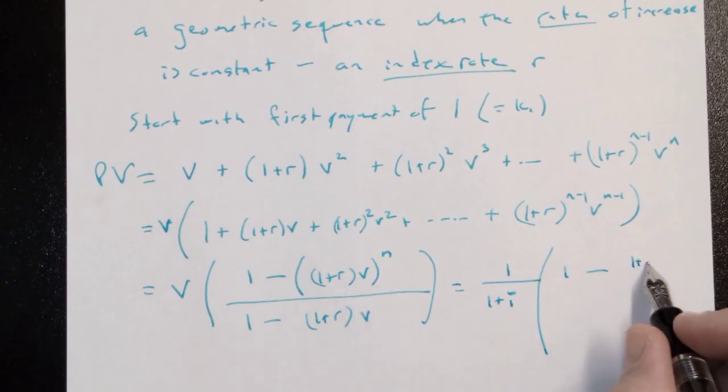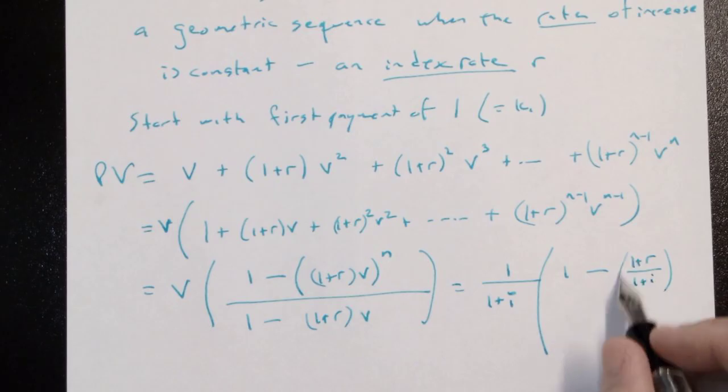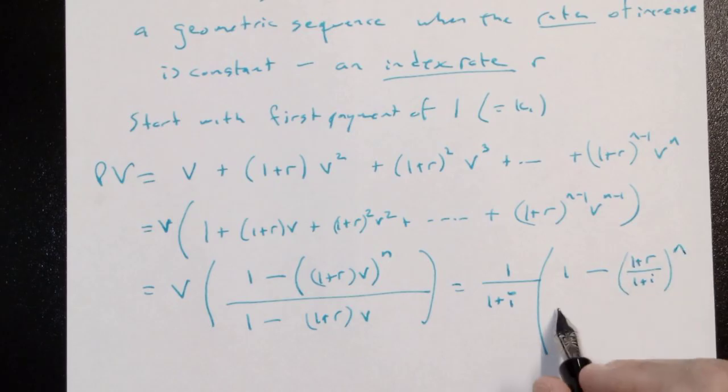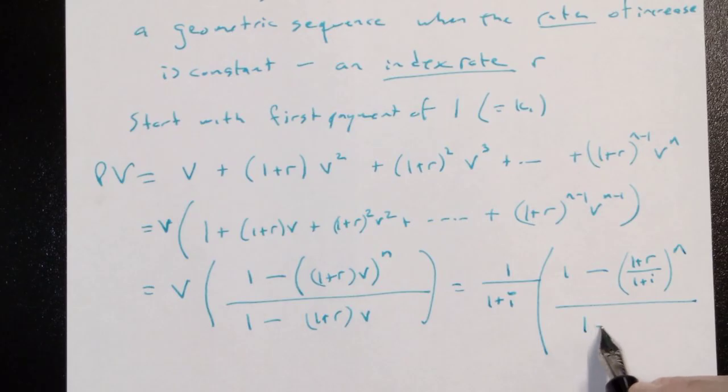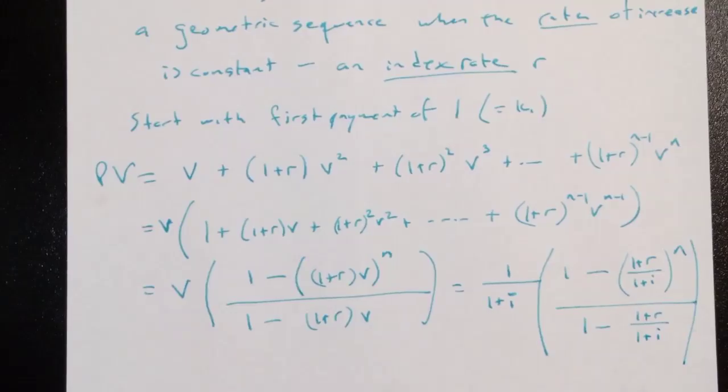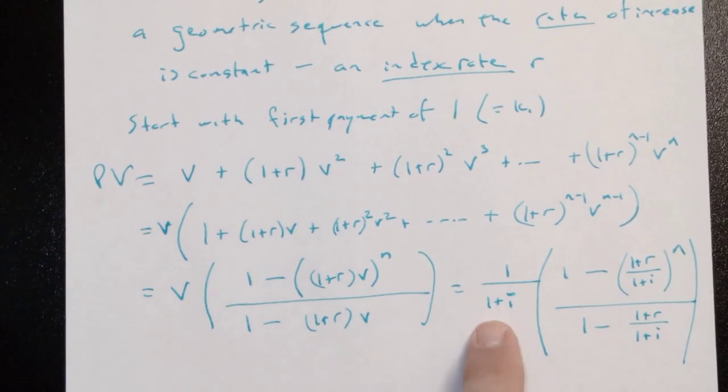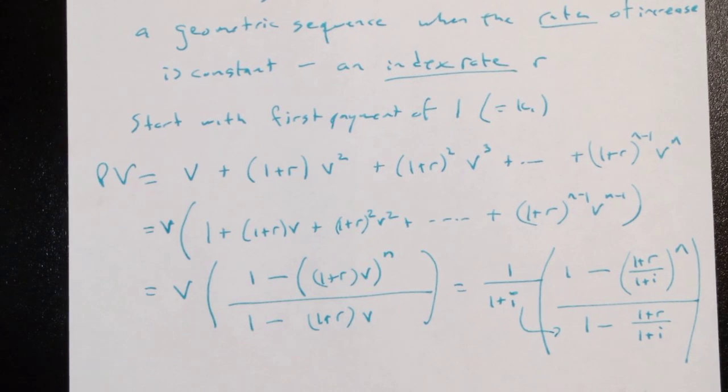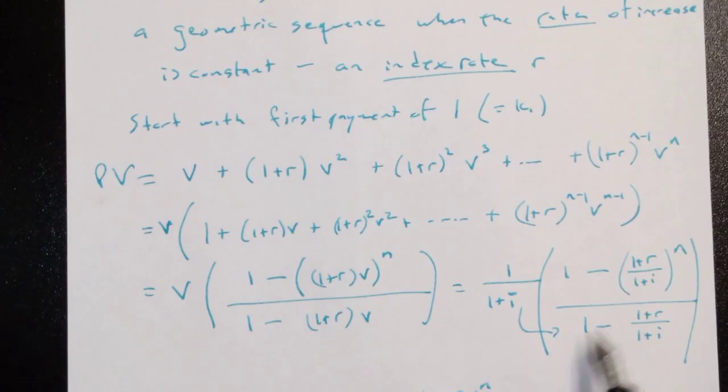Well, here that's going to be 1 plus R over 1 plus I to the N. And down here I'm going to have 1 minus 1 plus R over 1 plus I. There's a 1 plus I on the bottom here. Let's bring that into this term. What do I get on the denominator if I multiply by 1 plus I here?